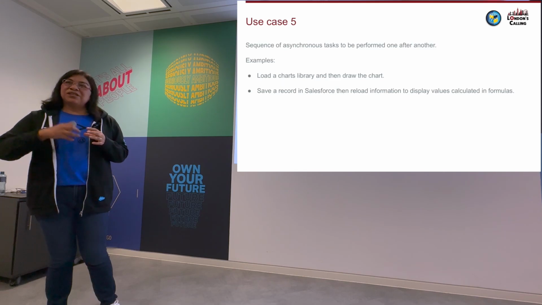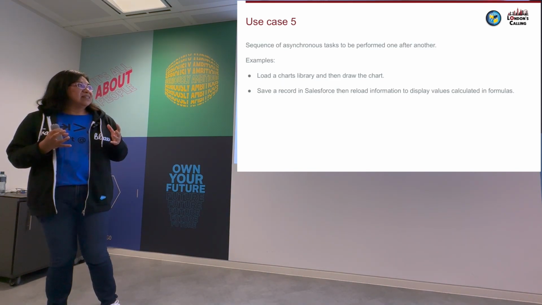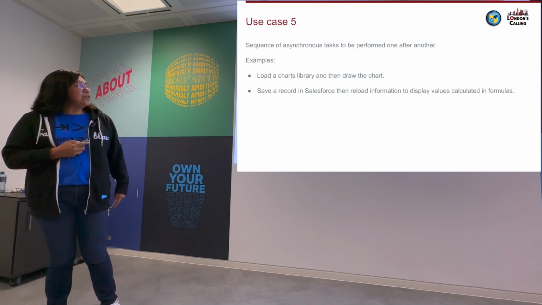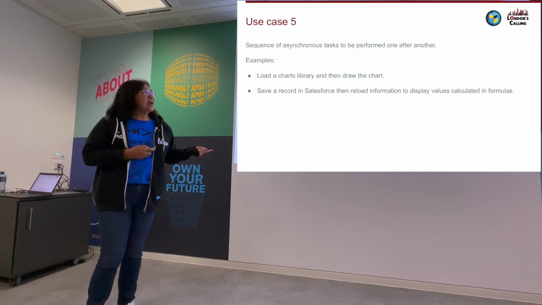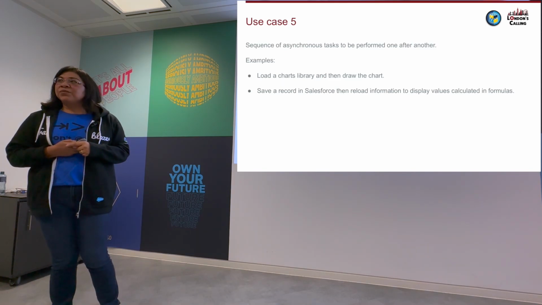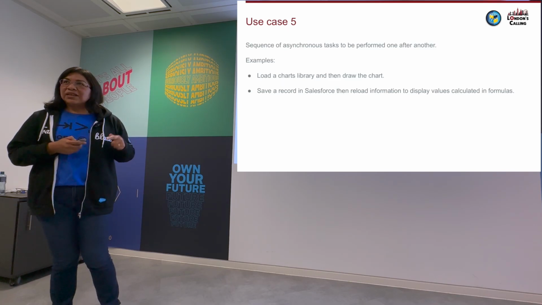Sometimes I wanted to do something, and before something else was there, and I got so many errors many times. Another example is when you want to save a record to Salesforce and then reload the information to display values that are calculated in formulas. So basically something that has to wait for something else in order to execute.